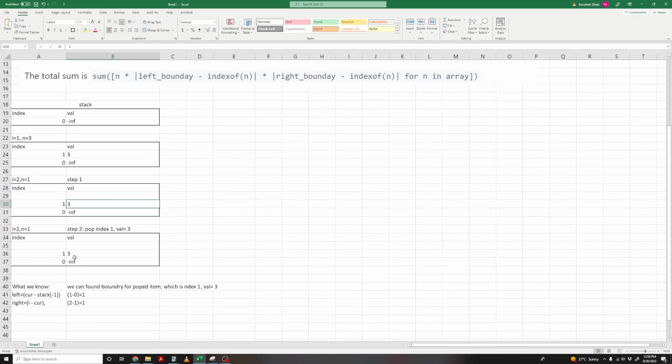Here is the thing. We pop it, so we know its right hand side is going to be the current value. What's the left value? When we pop this one, the left hand side is what we already have in the stack. So if we multiply these two, it's going to be 1 times 1, times its value.